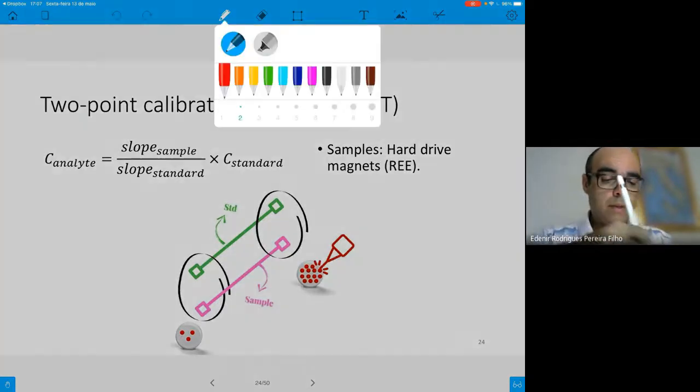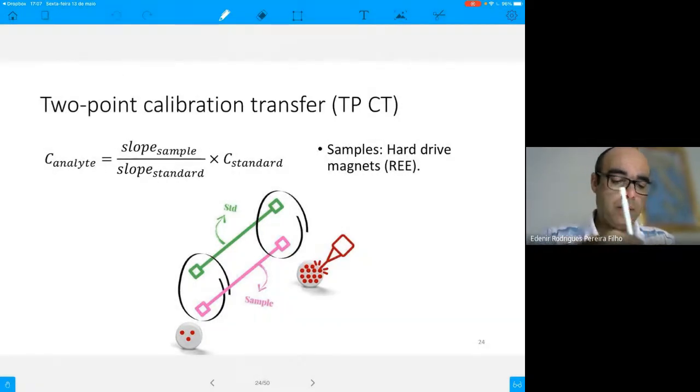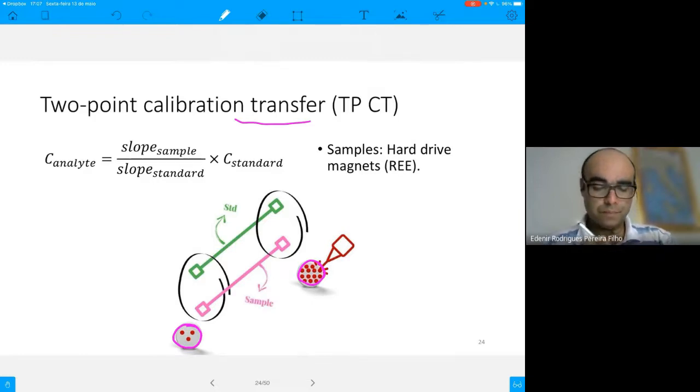Another strategy is two-point calibration transfer. In two-point calibration transfer, we prepare two pellets, one of sample and one of standard, and apply several pulses in both.